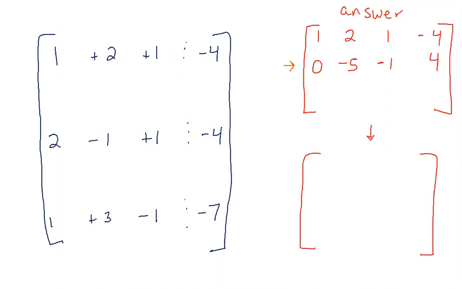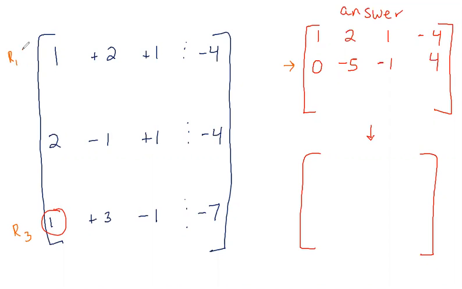On row 3, we want this to 0 out. Well, how can we do that? One way to do it is if we have the opposite number of 1, which is -1 up here, and we add row 1 plus row 3, this term would 0 out.